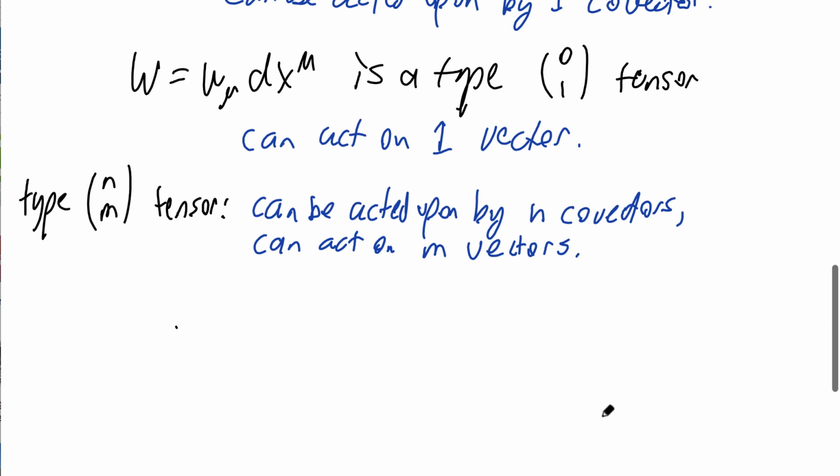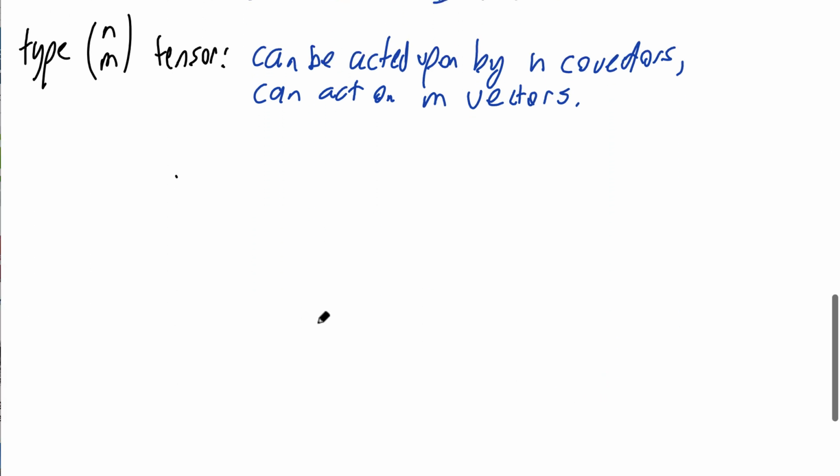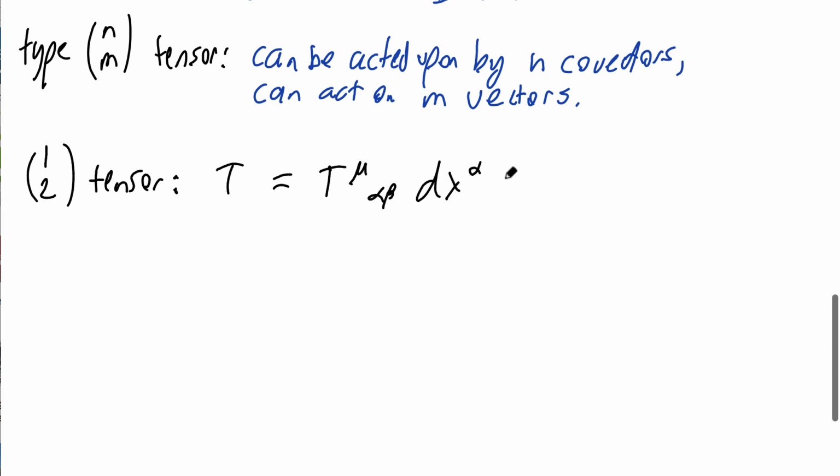As an example, let's consider a type 1,2 tensor. We'll call it T. T can be expanded as a linear combination of basis vectors and covectors. So this is T mu alpha beta dx alpha outer product or tensor product with dx beta outer product with d by dx mu.